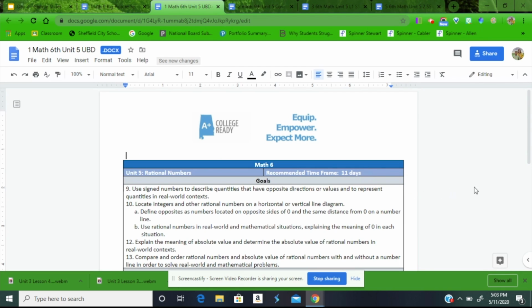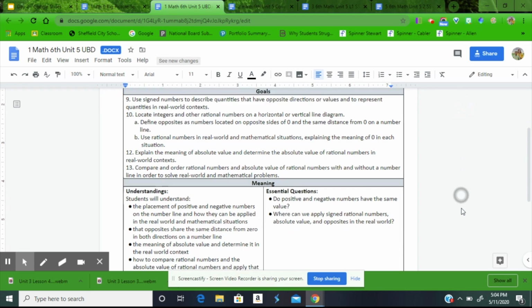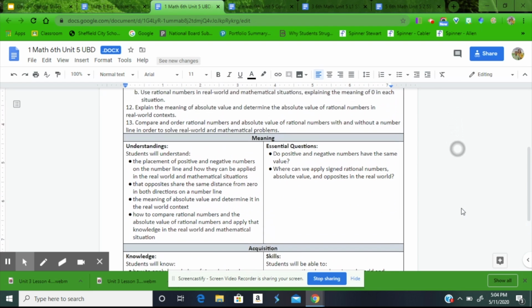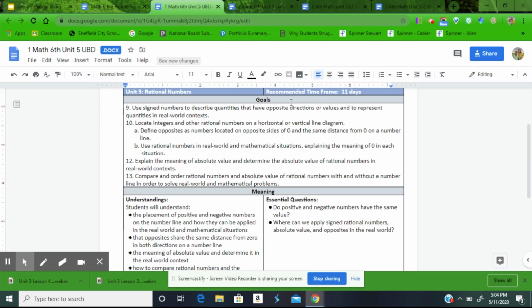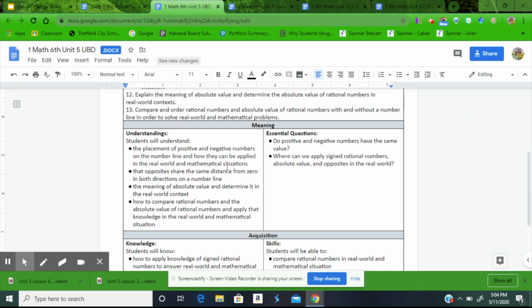Looking at our UBD, we've got again our goals, our meaning, and our acquisition. The goals are simply the new Alabama Course of Study standards listed out for you. The meaning has your understandings, what students will understand after having completed this unit.